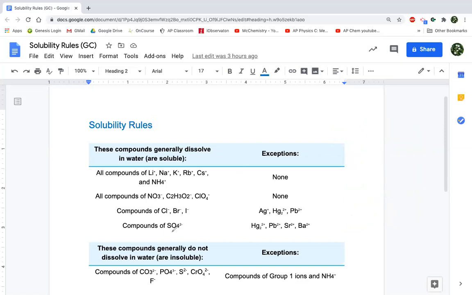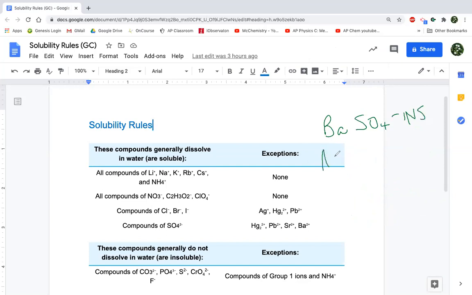So if we look at sulfate, now we have the same exception here with the lead. Silver evidently is soluble. It's not an exception now, but barium is an exception. So if we have barium sulfate, then this would be insoluble.